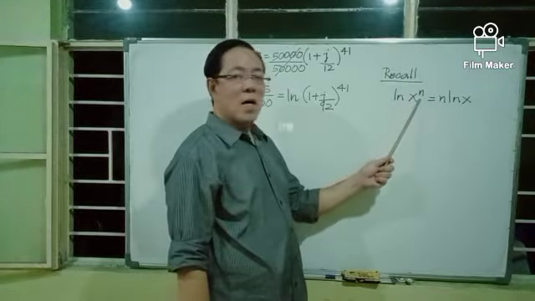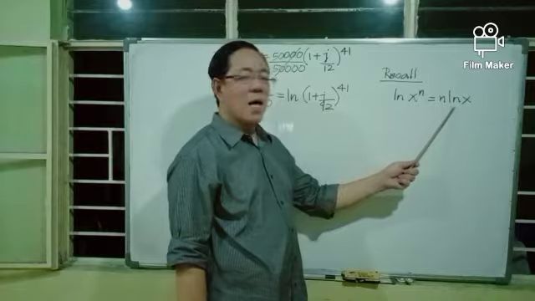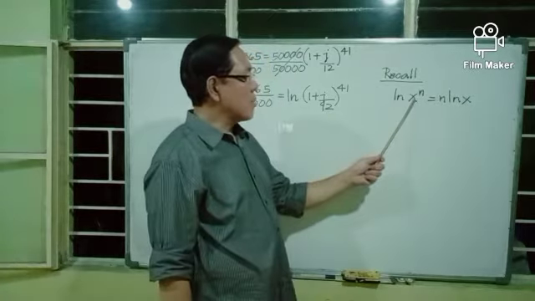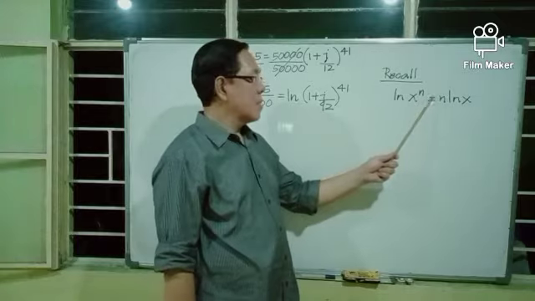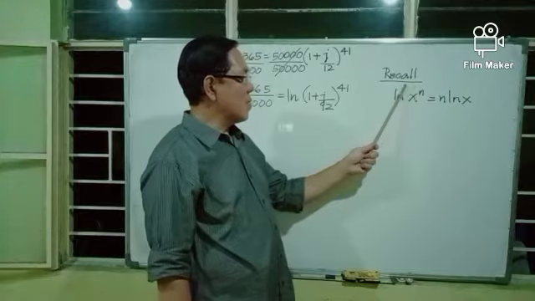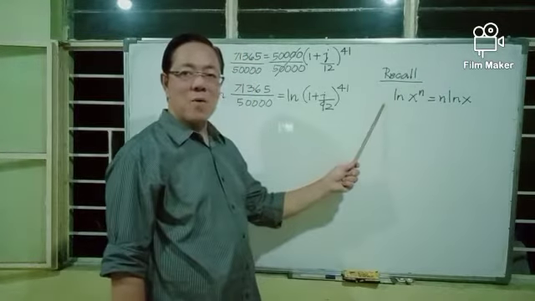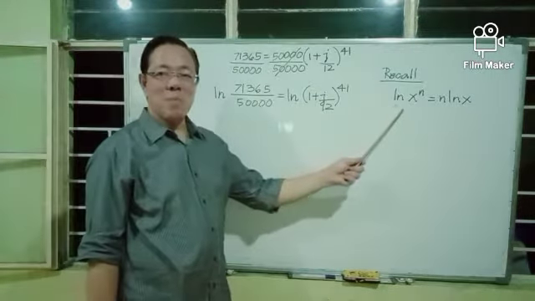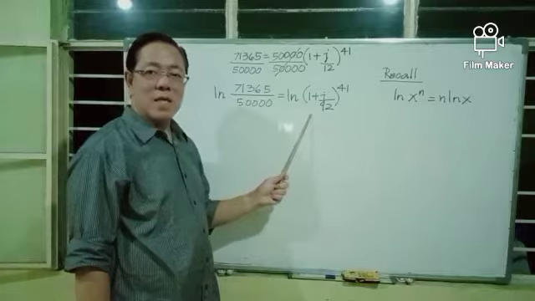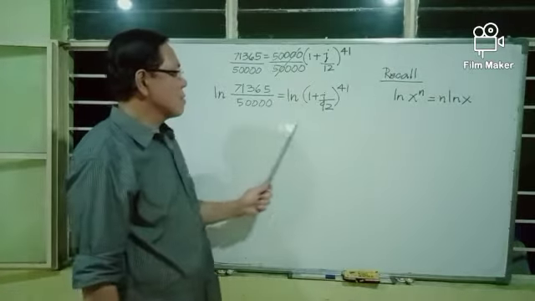Ln of x to the n equals n times ln of x. The exponent n of x becomes the coefficient. That means you can bring down the exponent of x as coefficient of ln. And we apply this property to the right hand side of this equation.